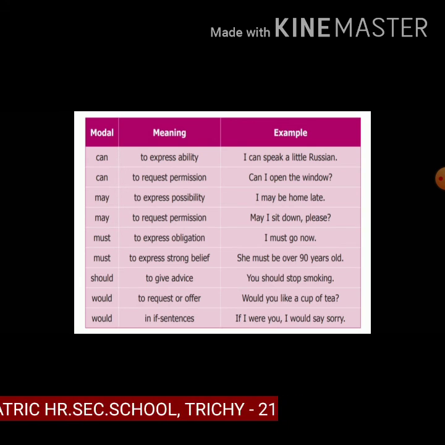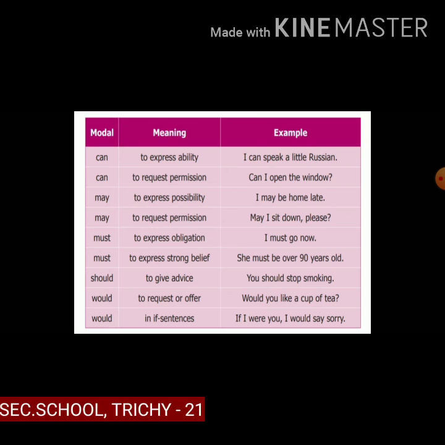In if sentences: if I were you, I would say sorry. Here, this is the second type of conditional class, for imaginary situations. We have three types of conditional class.